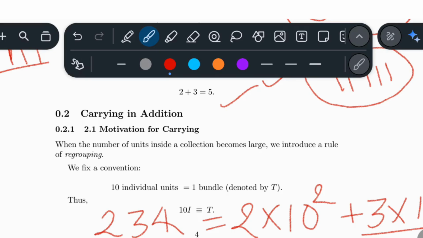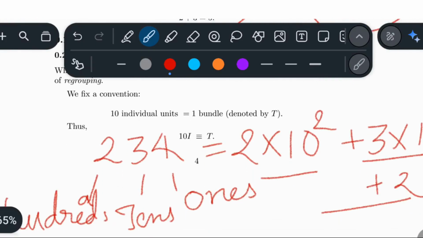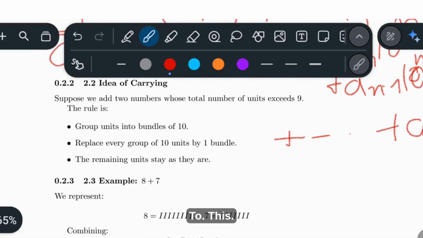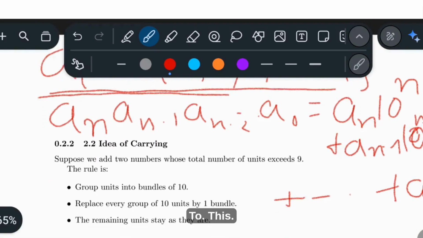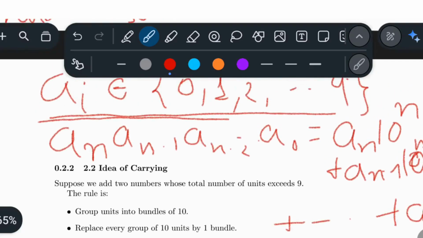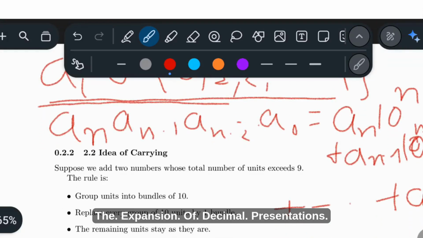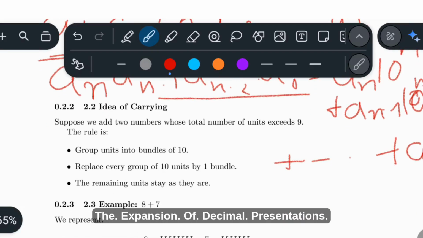You can simply build any number using these things. There are so many bases, but we are dealing with decimal. So this is the expansion of decimal representation.